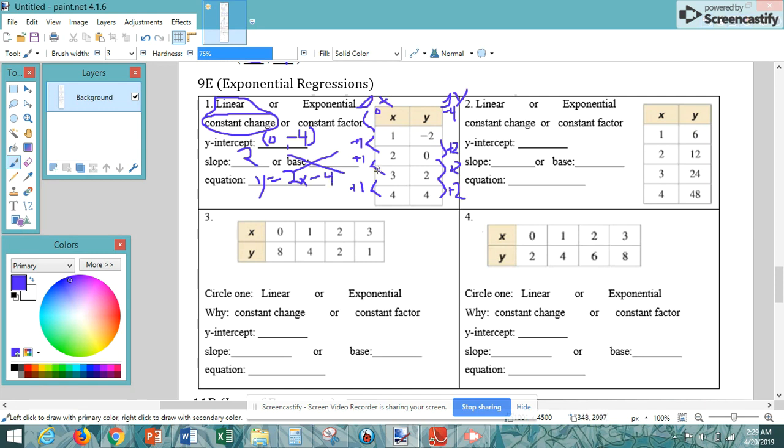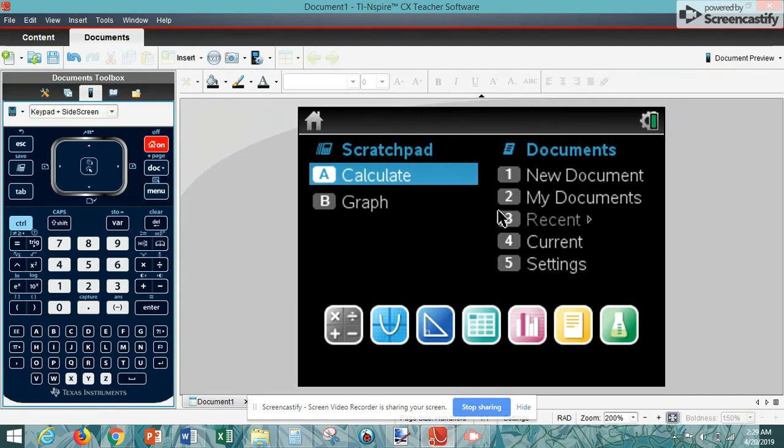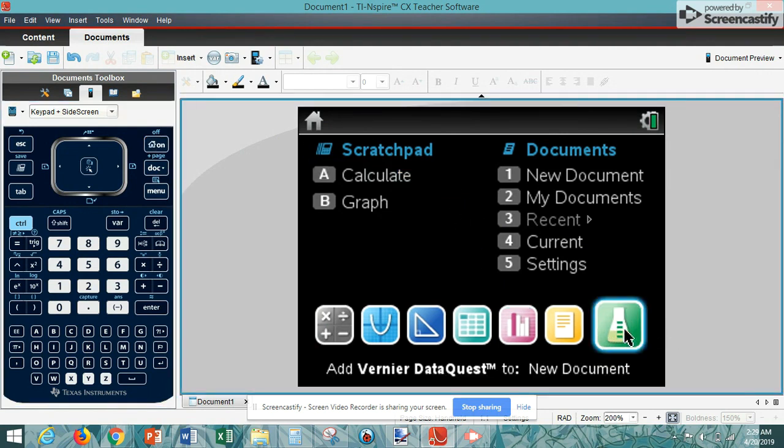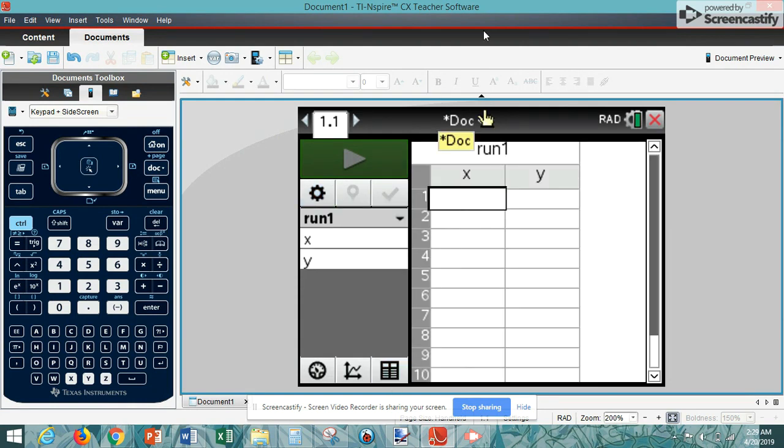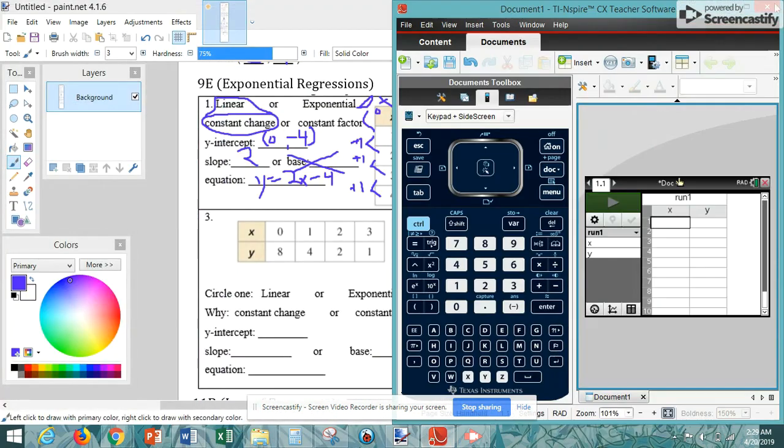If you were not sure about this, you could go to the graph. The TI Inspire, you go to this right here, Vernier Data Quest, click on the table, and type in the numbers.